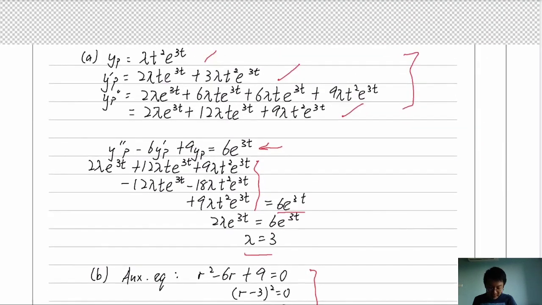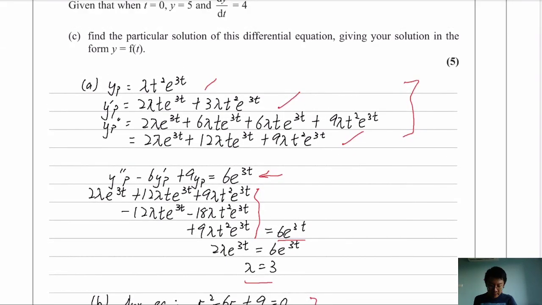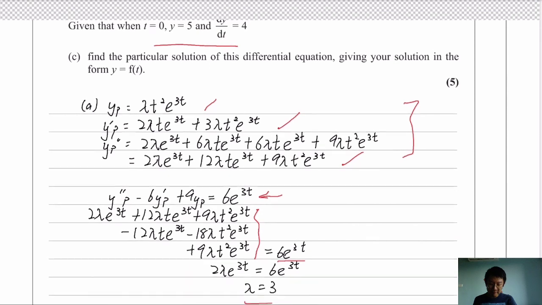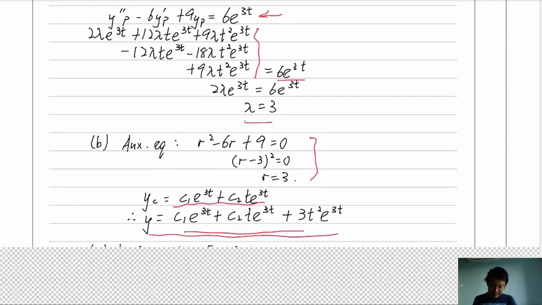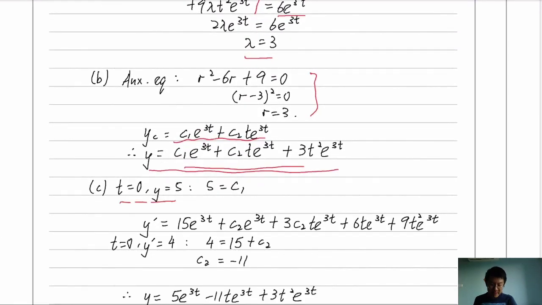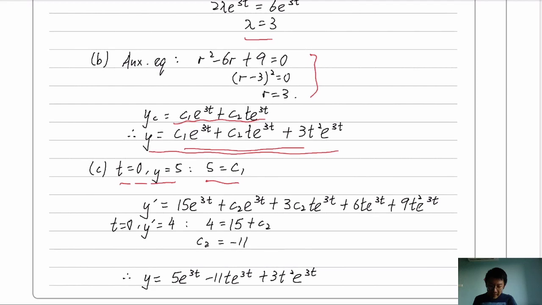Lastly, we have the values given where t equals 0, y equals 5, and y prime equals 4. So just substitute those sets of values inside. First, use t equals 0 and y equals 5. From there we will get c1 very easily. As for y prime, we need to differentiate this y to get the expression for y prime.